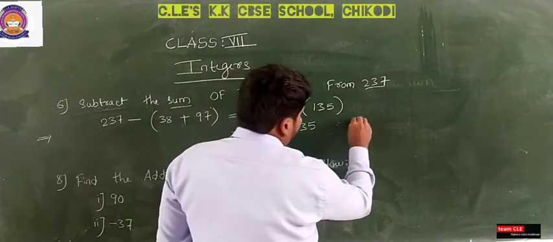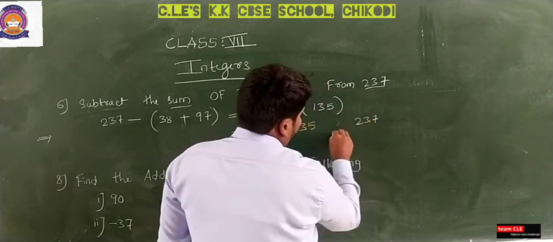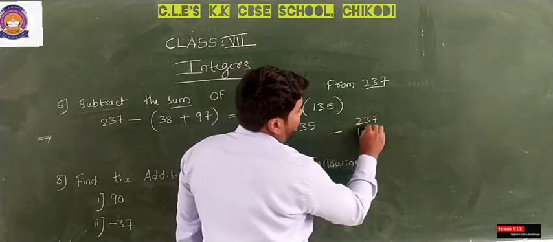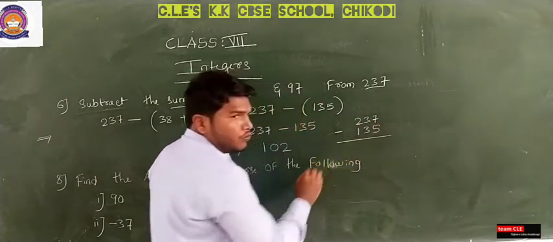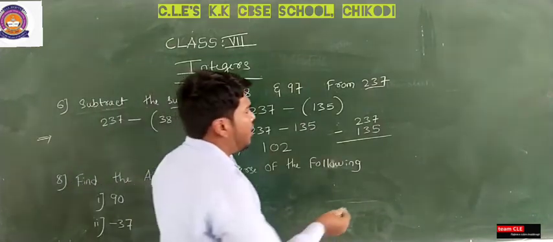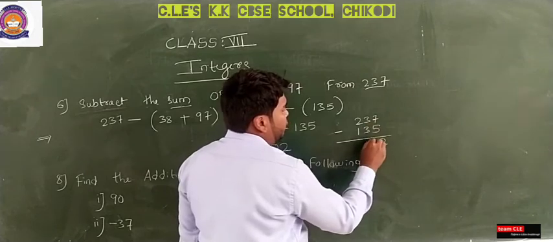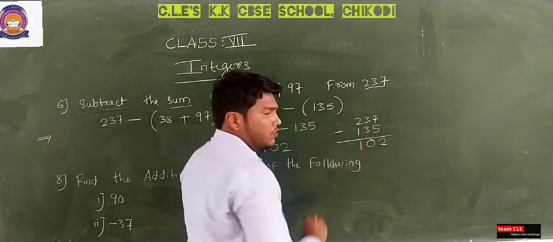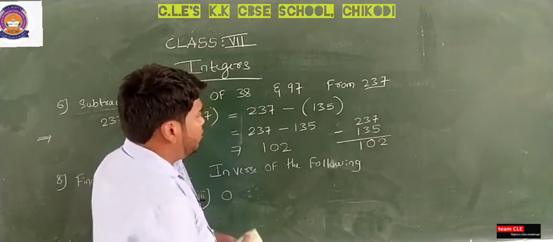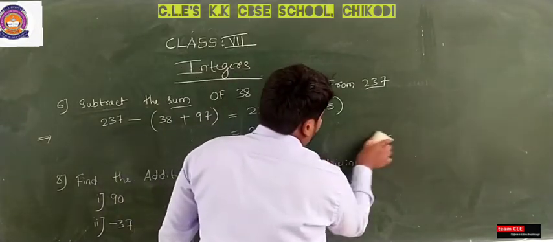Or you may do it as 237 minus 135. So you can go through this subtraction: 7 minus 5 is equal to 2, 3 minus 3 is equal to 0, 2 minus 1 is equal to 1, that is 102. I hope you have understood this problem.